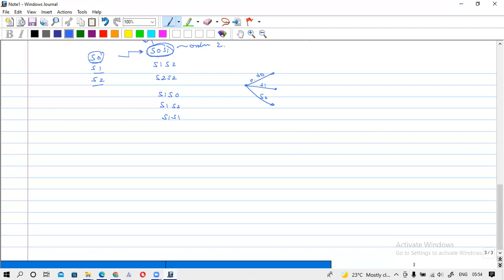You will get S0 with 0.7 probability, and the other two characters each with 0.15 probability.